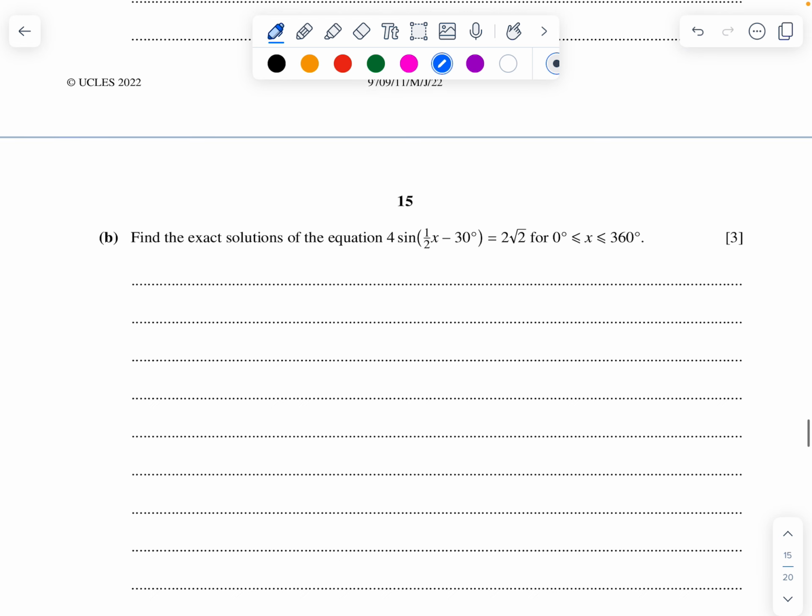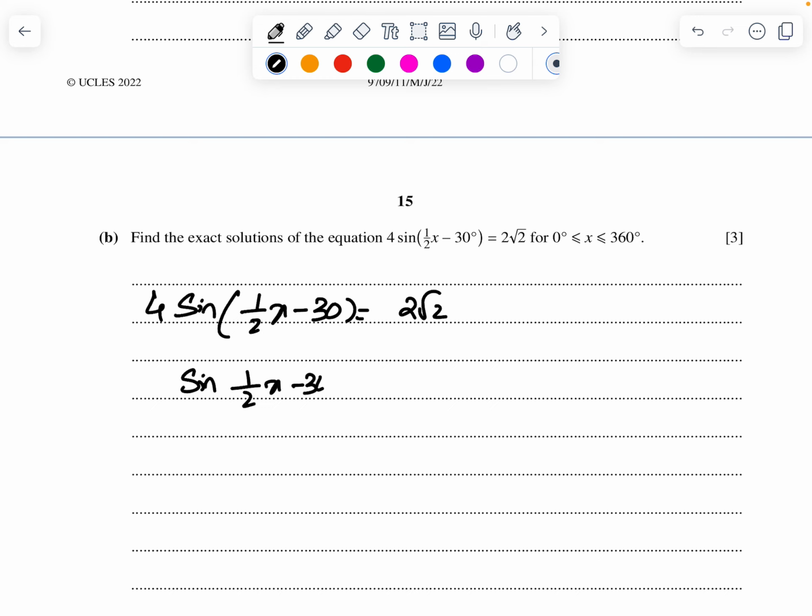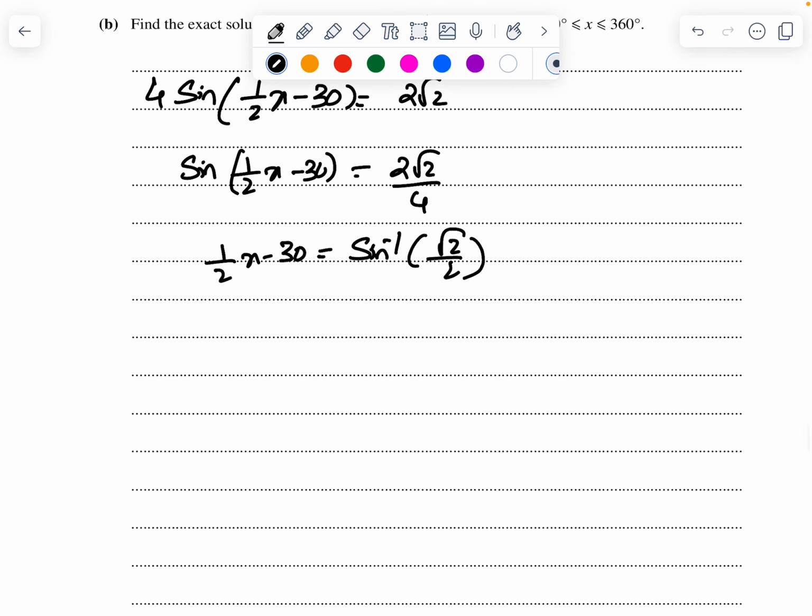Then hence find the exact solutions of this one. So 4 sine of half x minus 30 equals 2 root 2. So sine of half x minus 30 equals 2 root 2 by 4. Half x minus 30 equals sine inverse of root 2 by 2, which is 45 degrees.